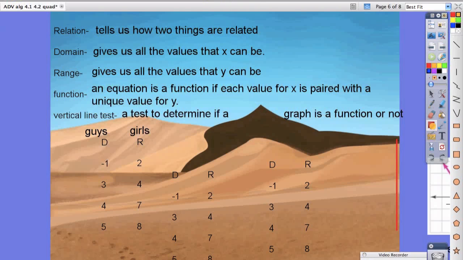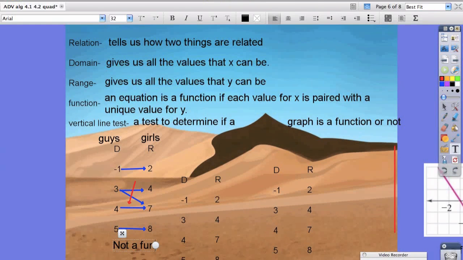If -1 is dating number 2, 3 is dating 4, 4 is dating 7, and 5 is dating 8, that's all fine and dandy because each guy is paired with one girl. But as soon as one of these values, say the guy number 3, starts to date two girls, this is considered not okay, and that means it's not a function, because one guy can only be paired up with one girl, not two.